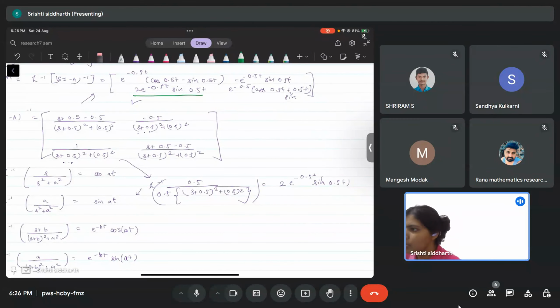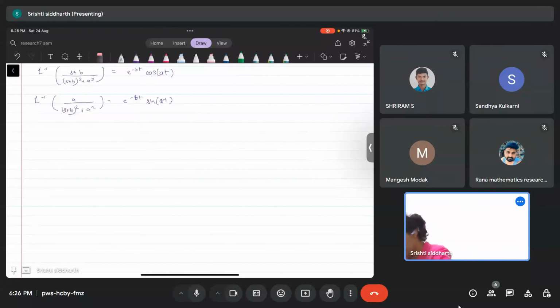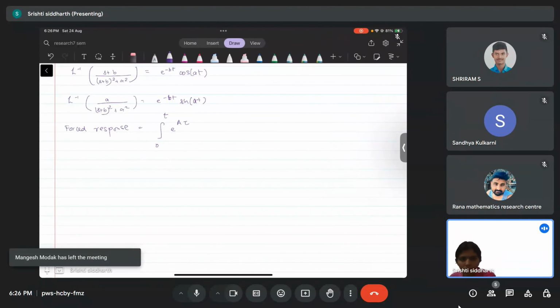Alright, so what we need to actually find out is the forced response. We have the homogeneous response. Okay, so the particular integral or the forced response is the integral from 0 to t of e to the power A tau, and then we have B u of tau d tau.